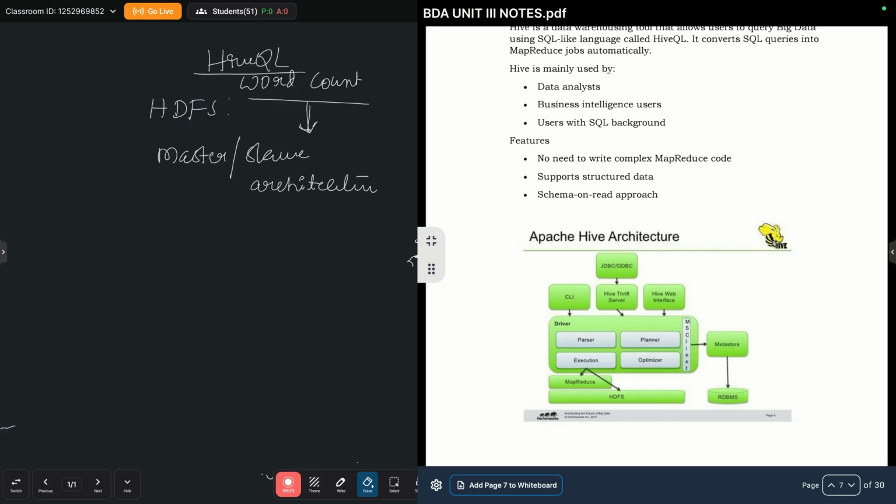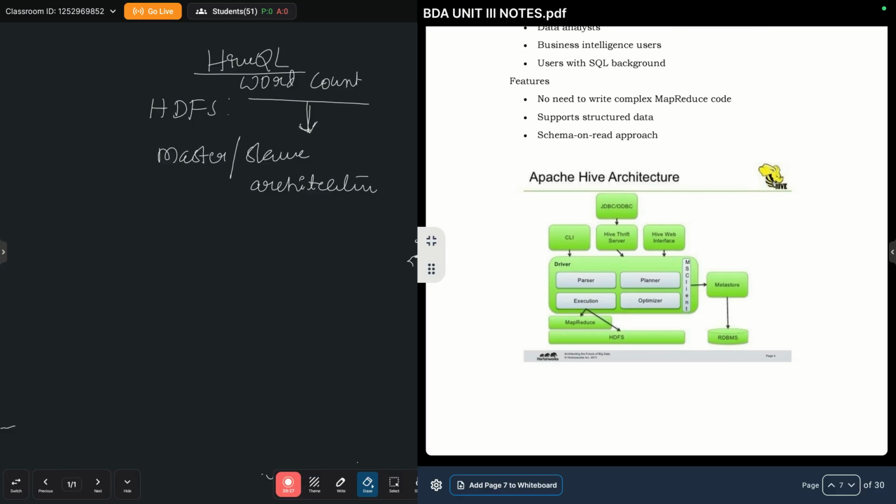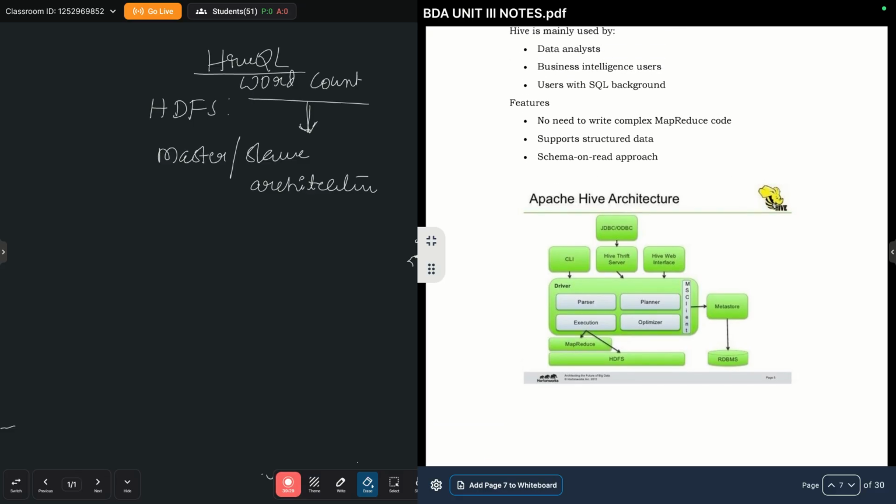Veracity is the speed at which data is generated, analyzed, and created. Variety covers structured data, unstructured data, and semi-structured data. So we need not write complex map reduce code with HiveQL, and it also supports structured data and the schema on read approach.